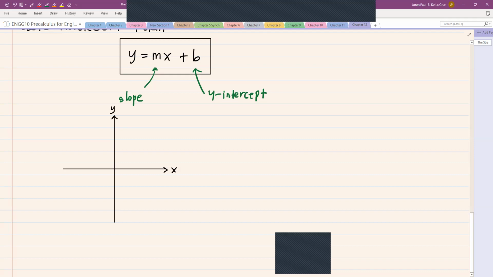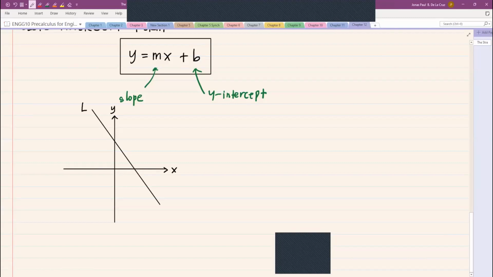Tapos yan yung line natin, our line L. Itong point na to is where the line crosses the y-axis.